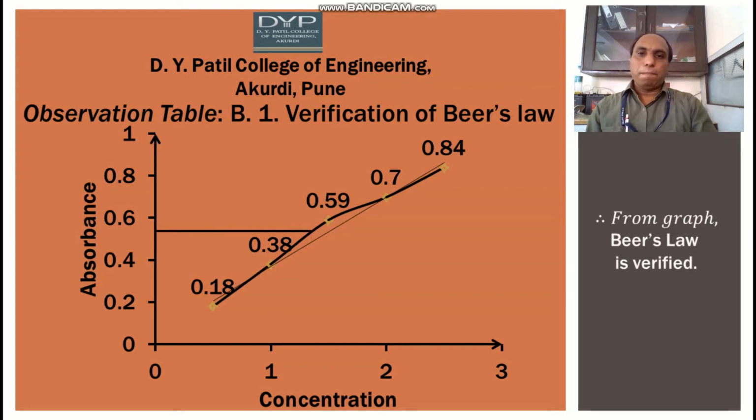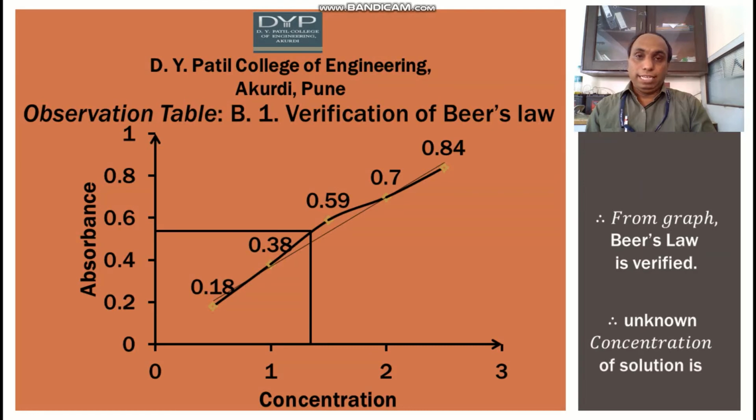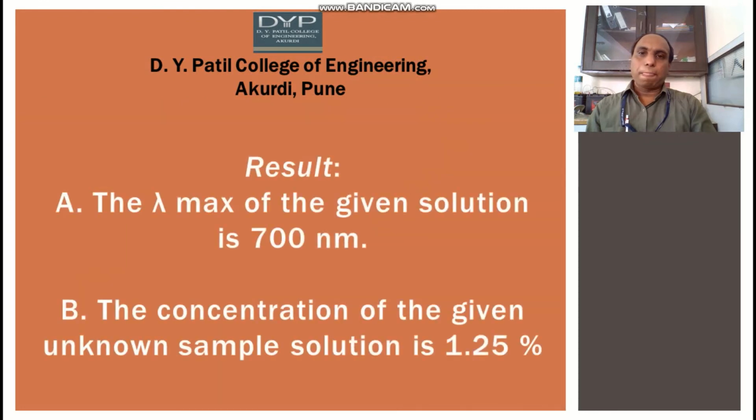If we want to know the unknown concentration of the solution, we have 0.56 as its absorbance, so we can plot a line and find that the unknown concentration of the solution is 1.25 percent. So in this practical we get the result: lambda max equals 700 nanometer and the concentration of the given unknown sample is 1.25%.